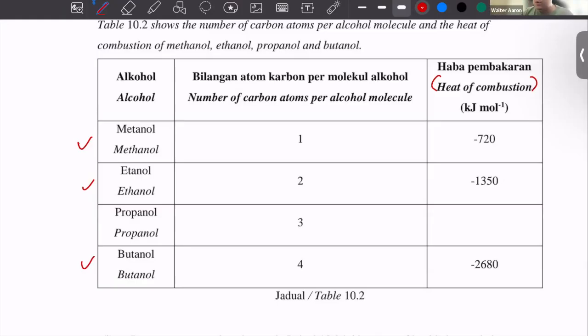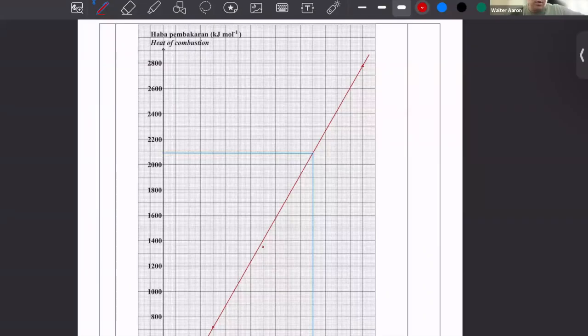So how do we get that? You have to look into the graph. If you plot the graph already, you'll be able to see something like this. This is the graph plotted based on the information that we got from the table. It's actually a straight line across. As you can see over here, there will be slightly of an outlier for 1 point, but it doesn't matter.